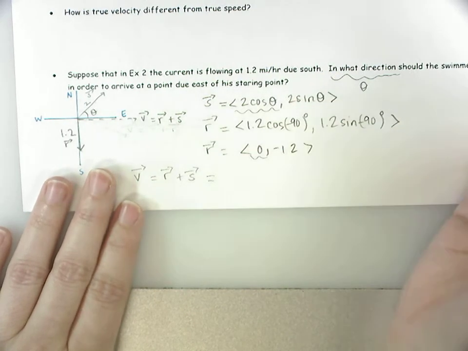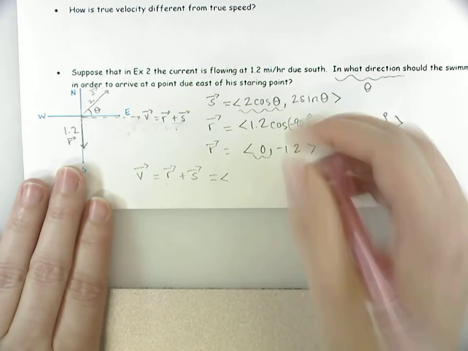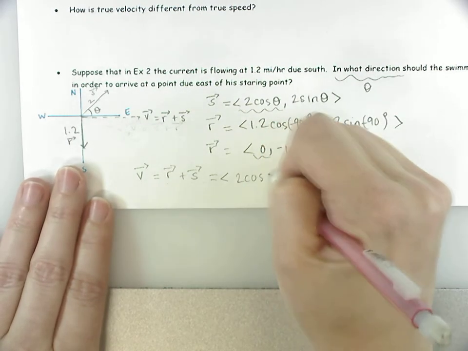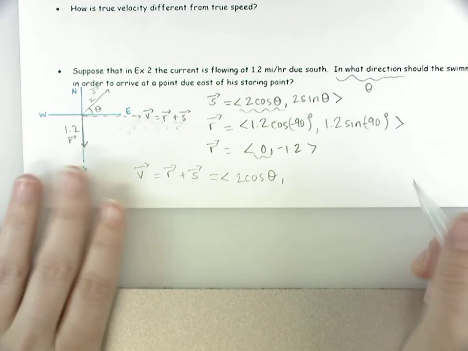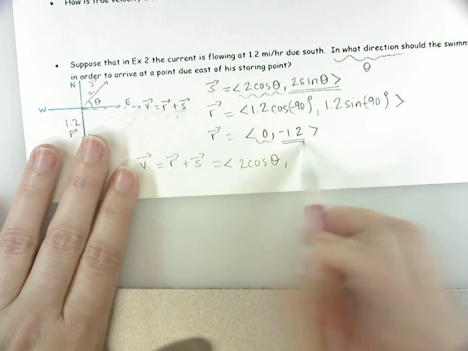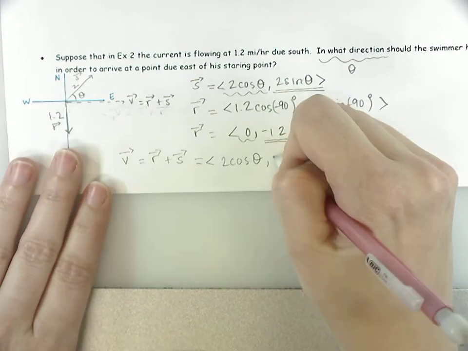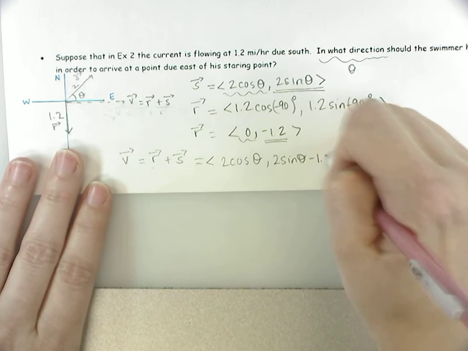So if I'm adding 0, because we're adding the river and the swimmer, this would just be 2 cosine of theta. And then I'm also going to add my vertical components. So here's my vertical component, here's my vertical component. If I add them together, I'm going to have 2 sine of theta minus 1.2.